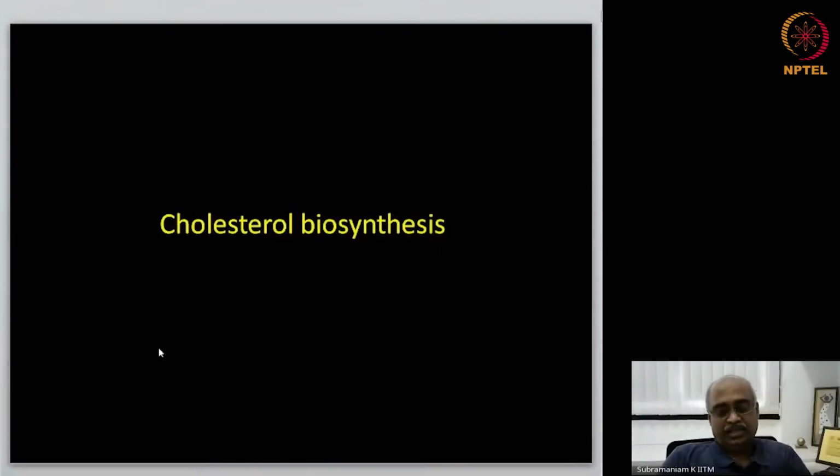So in the last class we saw fatty acid biosynthesis, primarily looking at how palmitic acid is biosynthesized. There again the precursor is acetate, in the form of acetyl-CoA, activated by carboxylation to form malonyl-CoA.